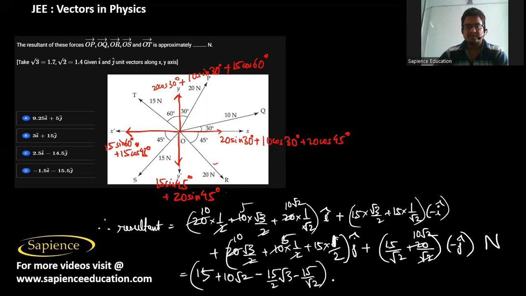This much i cap, and plus this will be 10 plus 5, 15. 15 plus 15 by 2, that is 45 by 2, minus 15 by root 2 minus 10 root 2 j cap Newton.